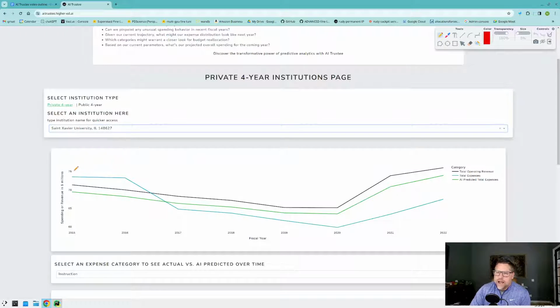So St. Xavier did have a financial issue for several years back in the early 2010s, like 2016, 2015. This is their actual spending again, the blue line, compared to their predicted spending, which is the green line. So they had a budget deficit, that's the gap here. Their predicted spending was quite a bit lower than their actual spending.